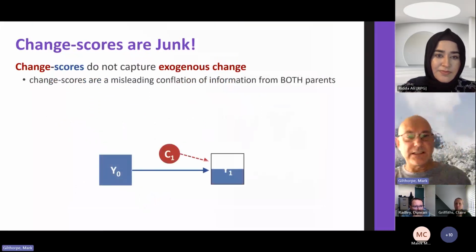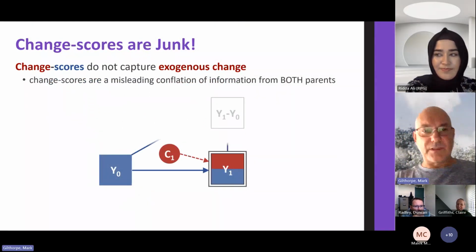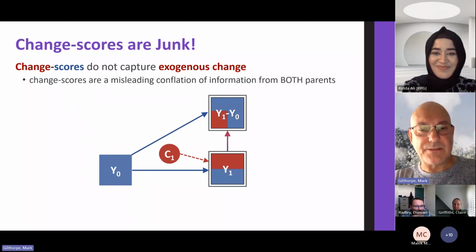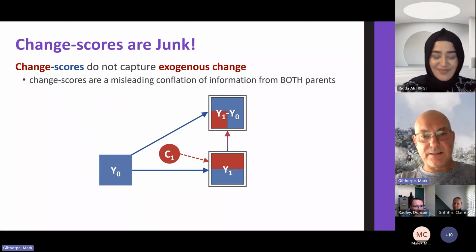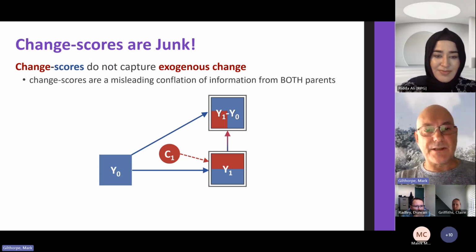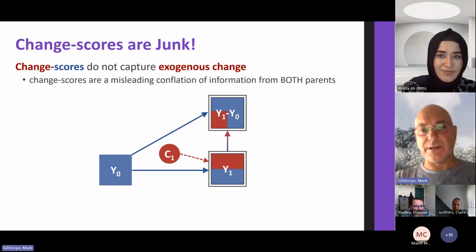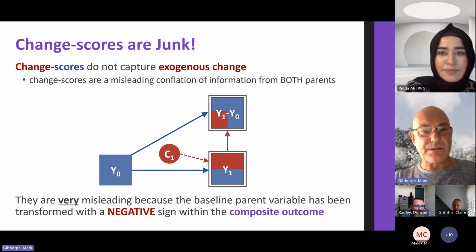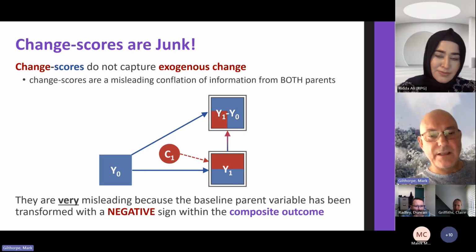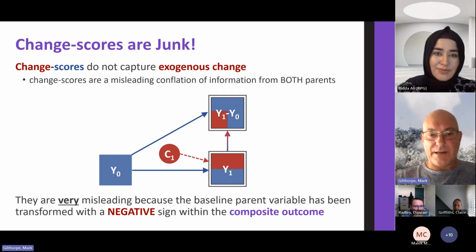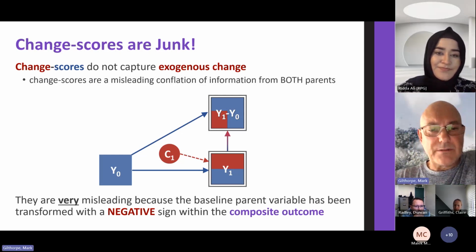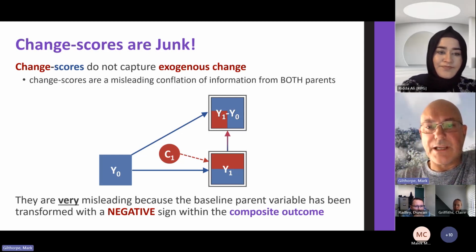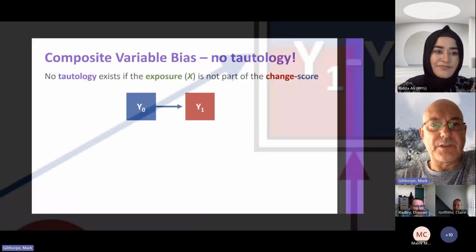So unfortunately, change scores are junk, they don't capture exogenous change. So instead of getting at the component of Y1 that isn't generated by Y0, we actually add in the minus component of Y0. So the reason change scores are so incredibly misleading is that we introduce this negative sign of the baseline within the composite outcome of change score.